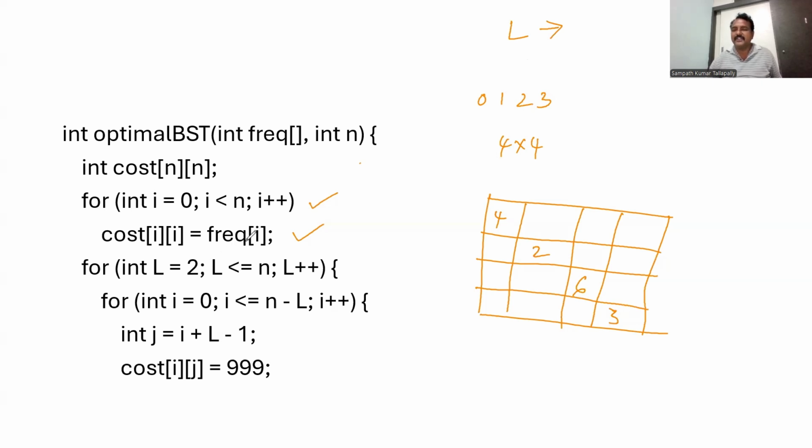Then we are going to increment the value for the next iteration. If I increment the value of L, L is going to become 3. It means we are going to include 3 elements into that binary search tree. And at the last, we are going to include all 4 elements with which I would like to construct a binary search tree. So this statement says how many elements of my binary search tree have to be included into your optimal binary search tree.